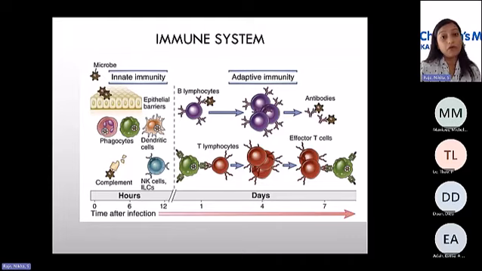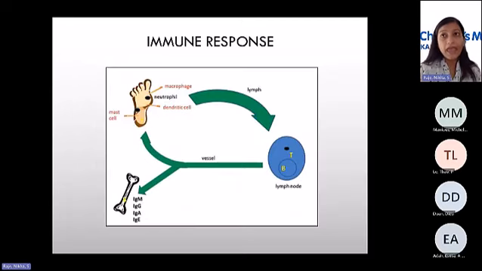Right, so we want to keep that in mind when we evaluate these patients. Are we talking about recurrent infections that are more due to a defect in the adaptive immune system or the innate immune system?